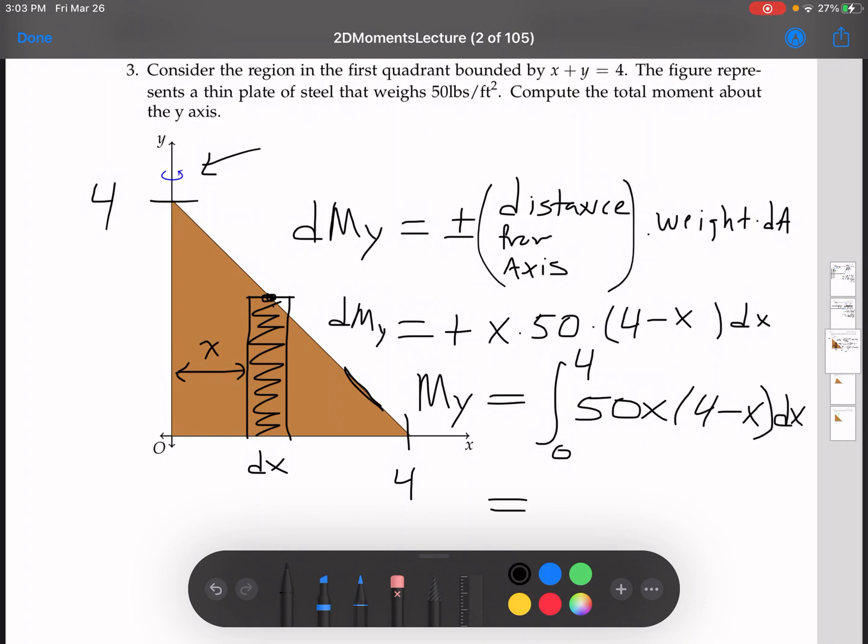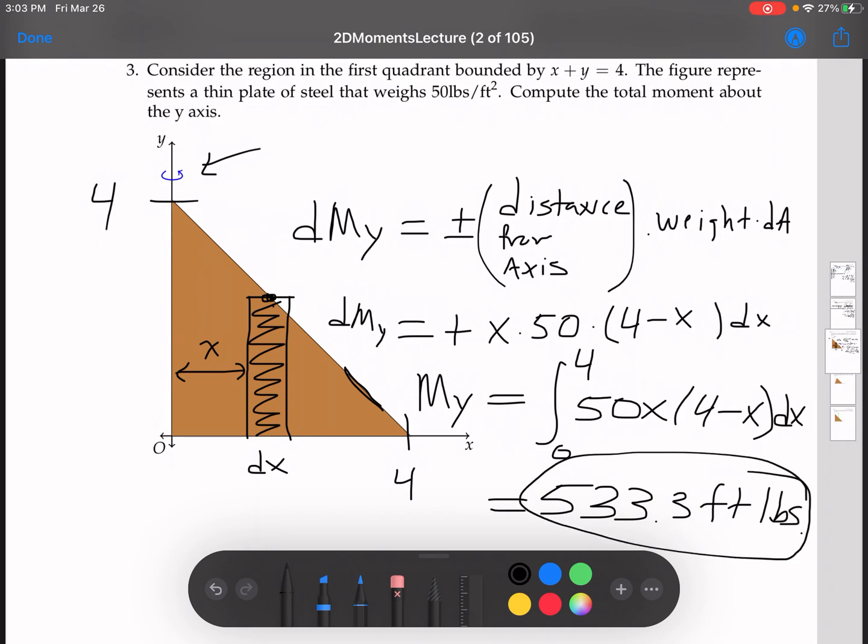Doing the math there, we get 533.3 foot-pounds. And that's our moment. So when we do moment about the y-axis, we're going to have everything in terms of x, like we have here. And you'll see when we do a moment about the x-axis, everything will be in terms of y.